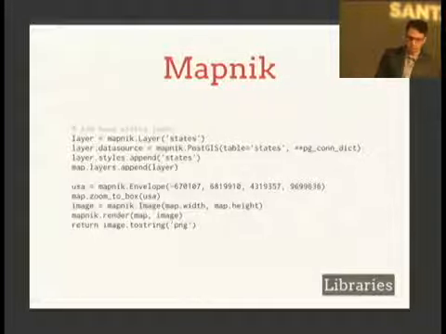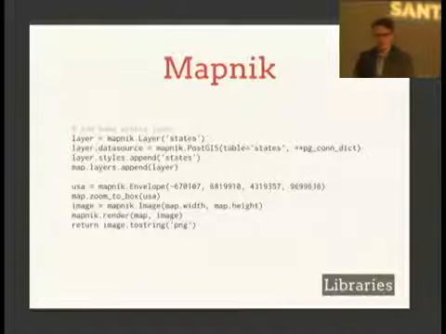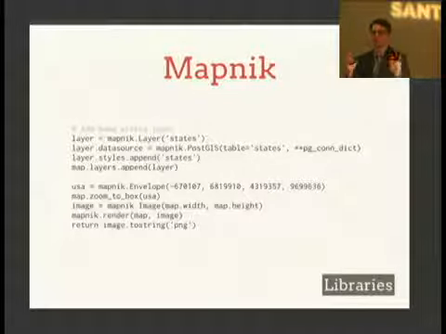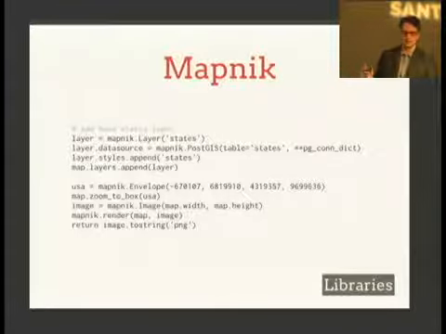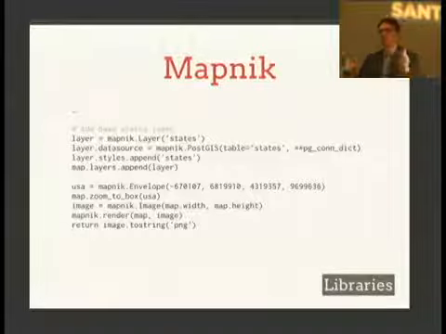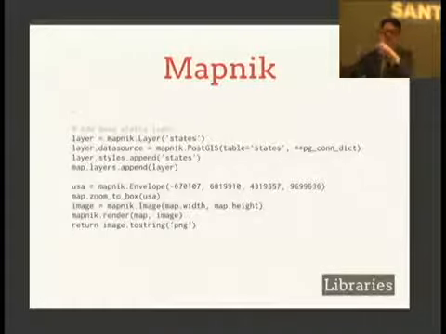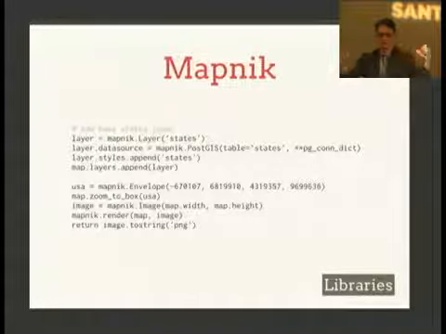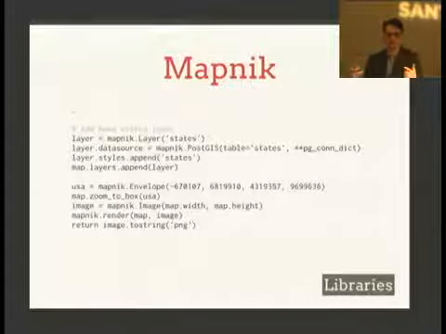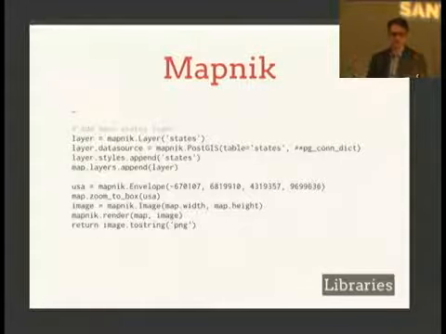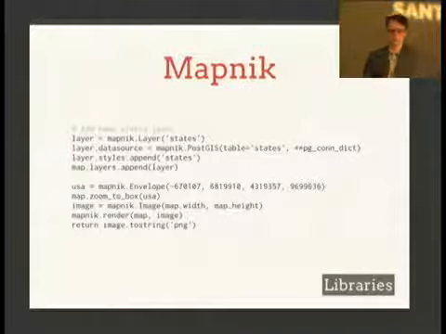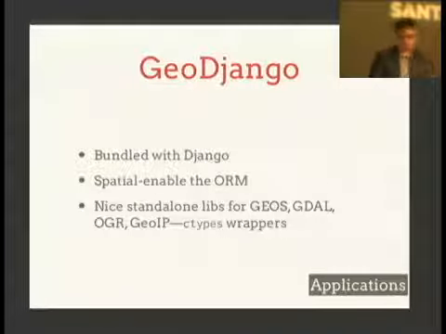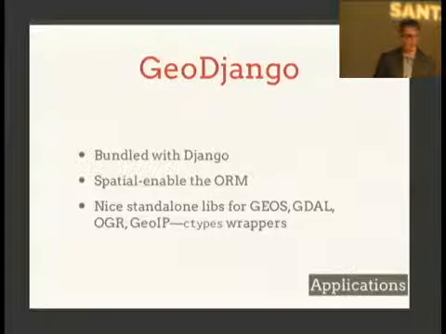We would query our spatial database. We would then say that for this layer, this certain style applies, and then append that layer to our map, and then we use an envelope or a bounding box to set the extent of our map. So we zoom to that box. We get an image object, we render it into it, and then we can return that as a byte string that you could serve directly to a client or save to a file.